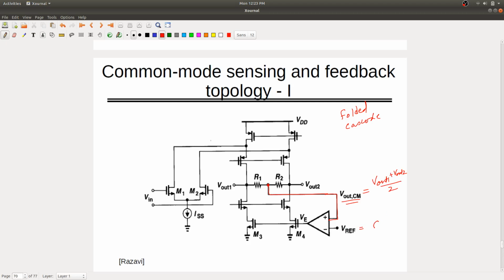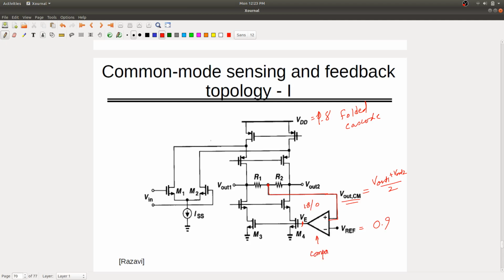Generally you want to give, let's say, 0.9 volt for VDD of 1.8. If it is not, then what is going to happen? It will make these particular current sources turn on, because the output of this one will be either 1.8 or 0. Do you agree with this one? Because it's in open loop, it's not in feedback. So this is a comparator.